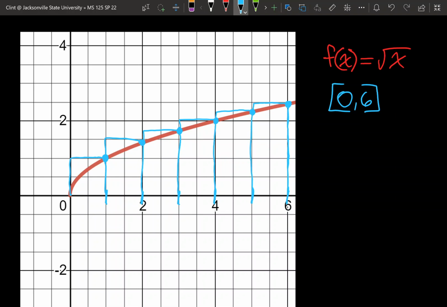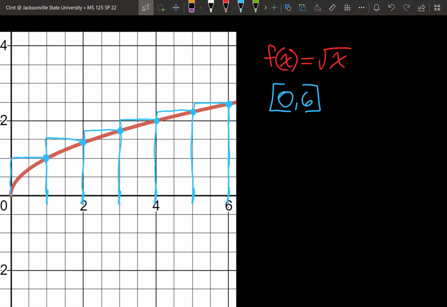Now let's figure out what that sum would be. Since we're using the right endpoints and we're using 6 rectangles, we'll call it R6.